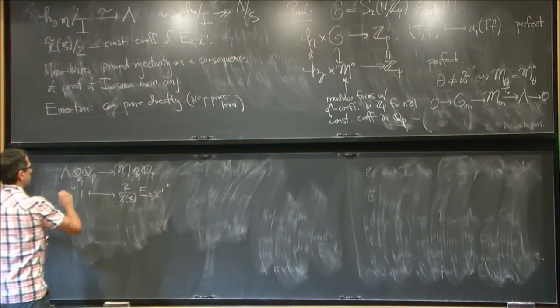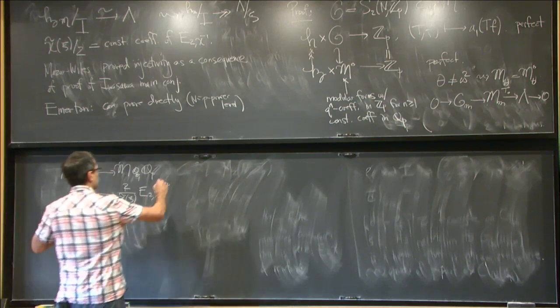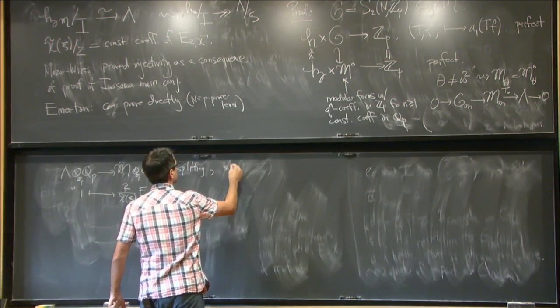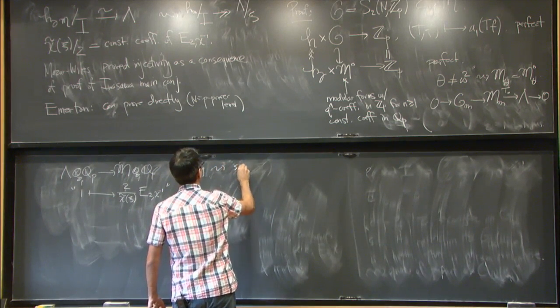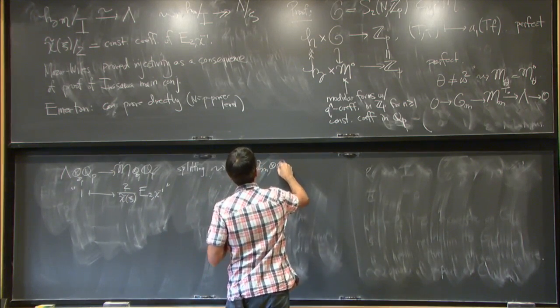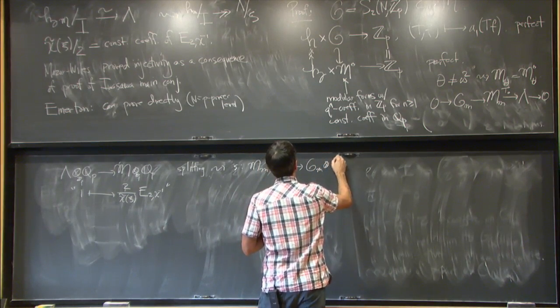So I'll just write it like that. So some equivariant version of this. And because this is a splitting, we get a splitting S of M tensor Q_p to S tensor Q_p.